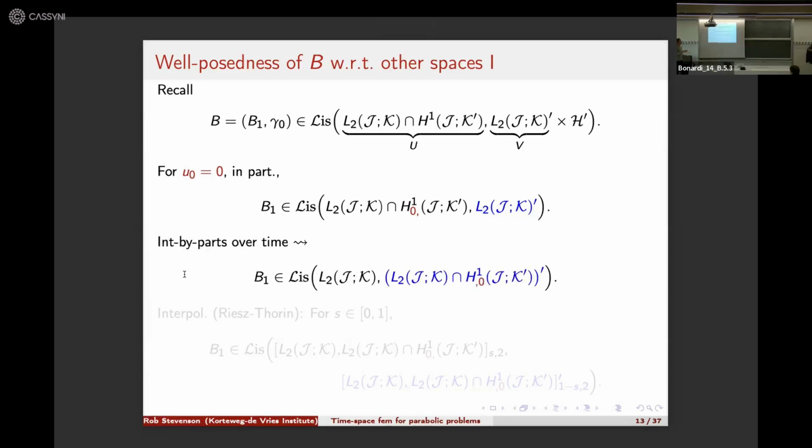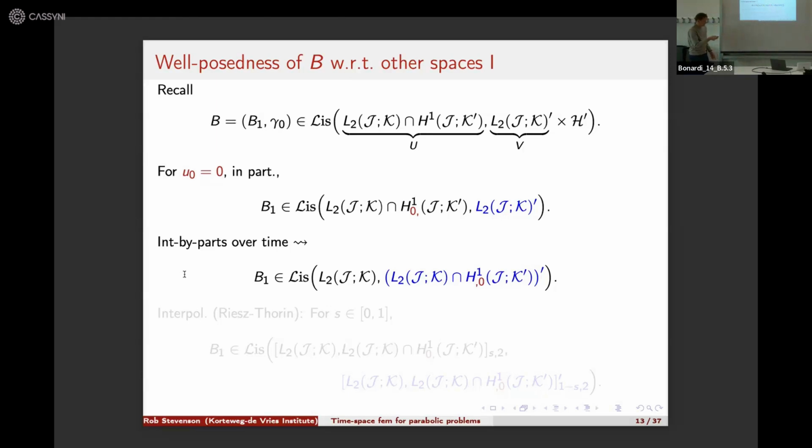And if you do integration by parts over time, you realize that B1 is also bounded from L2 here to this space. So basically, I have interchanged the roles of test and trial spaces with one small difference. These functions vanish at t is 0, and these functions vanish at t is capital T. Now, small change, but if you have that B1 is boundedly invertible between two pairs of spaces, it is also boundedly invertible between the pairs of intermediate spaces.